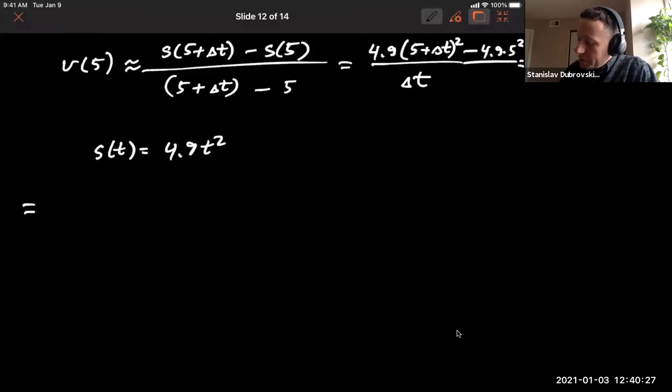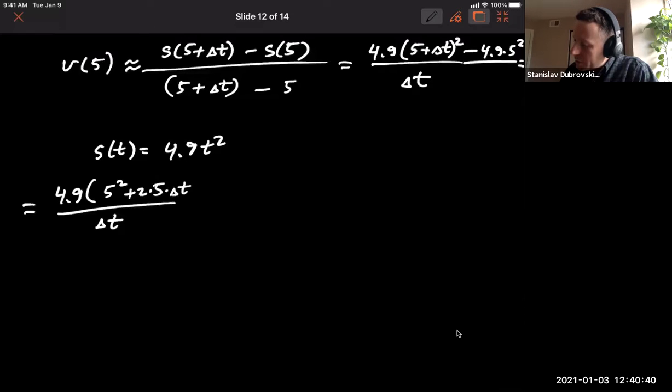Then we can simplify. 4.9 goes out. What do we have inside? 5 plus delta T squared. We'll get 5 squared plus twice times 5 times delta T plus delta T squared minus 5 squared. This will cancel.